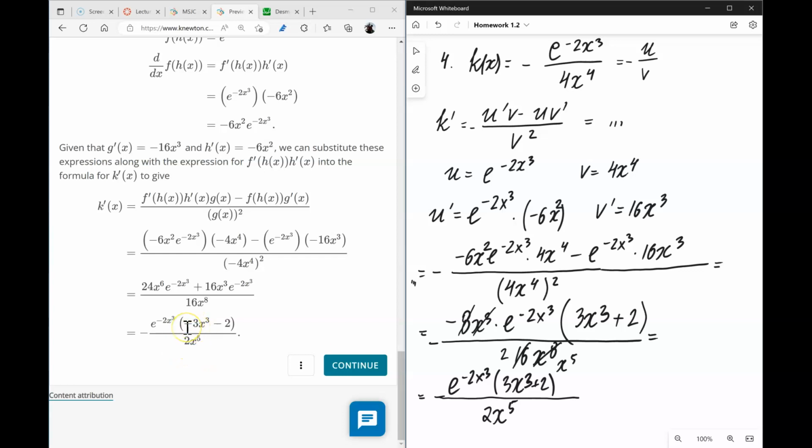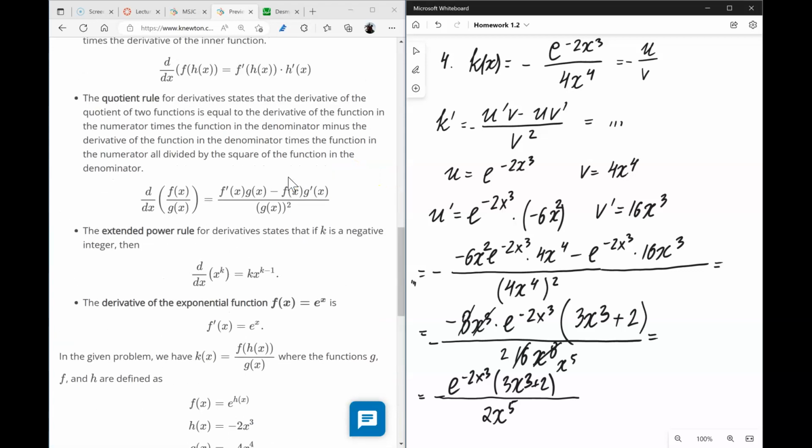We also lost the negative along the way. What happened to the negative? Derivative of u, is there a negative?